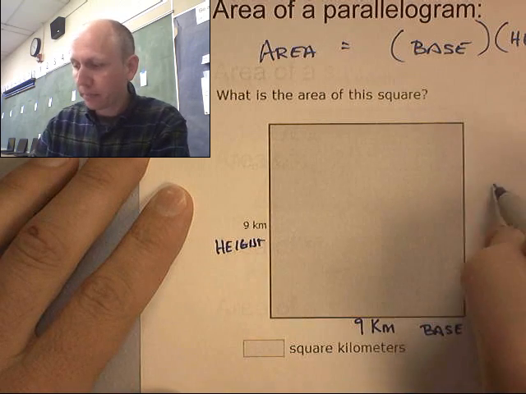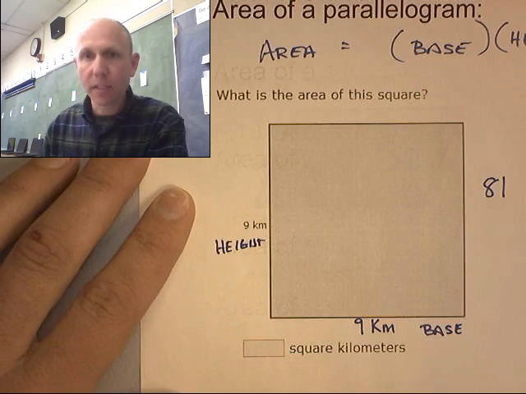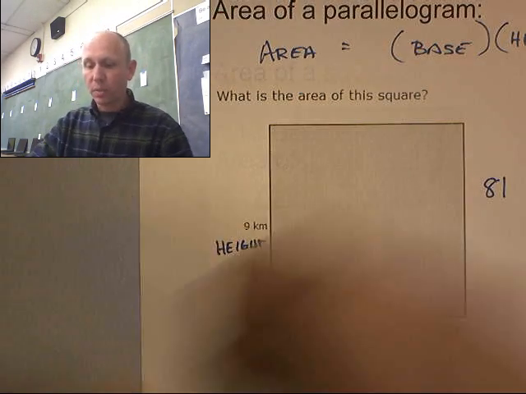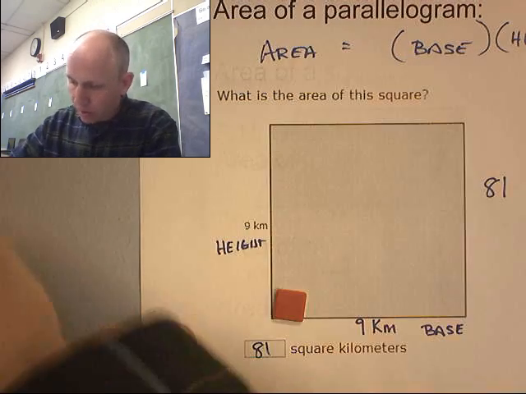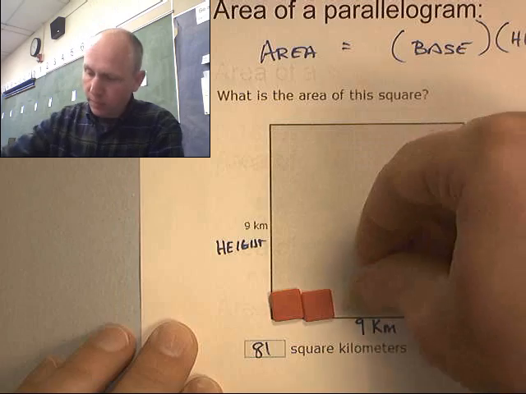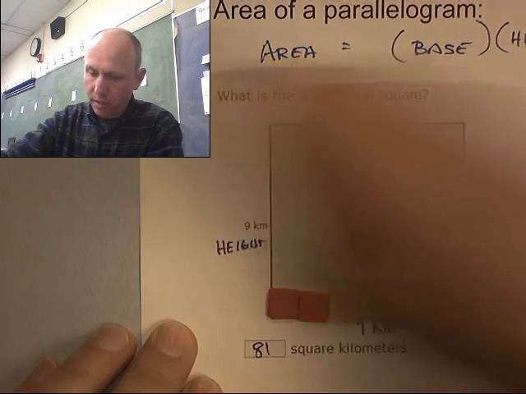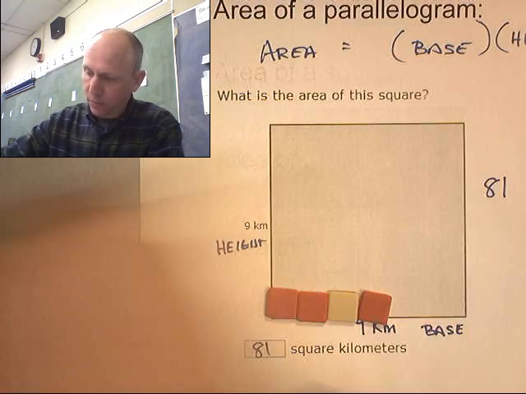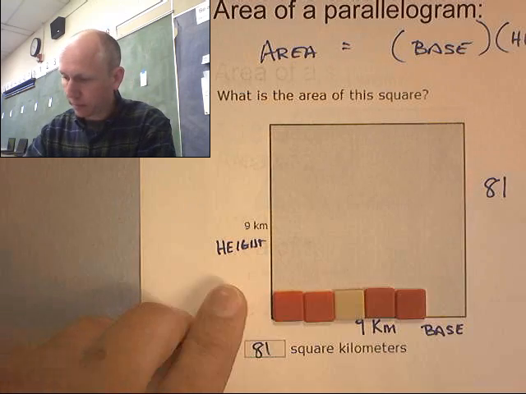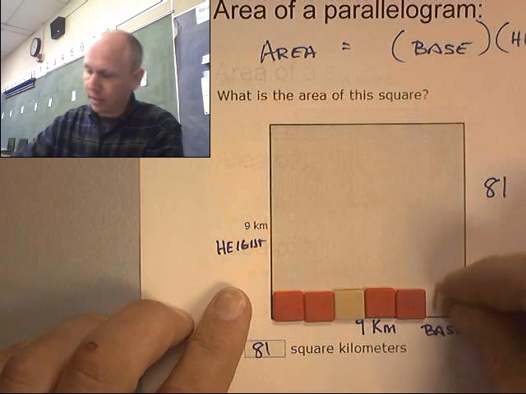9 times 9 is 81. 81 square kilometers, which means, now, my squares aren't going to be the right size. I don't know. Let's see how close they are. 1, 2, 3, 4, 5, 6.